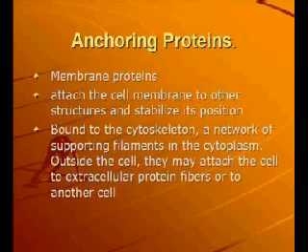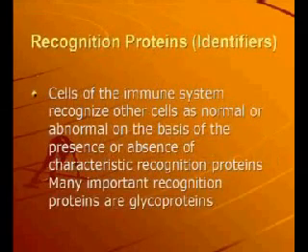Anchoring proteins basically are membrane proteins. They attach the cell membrane to other structures and stabilize its position. They're bound to the cytoskeleton, a network of supporting filaments in the cytoplasm. Outside the cell, they may attach the cell to extracellular protein fibers and to one another.